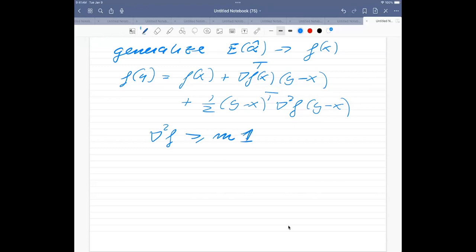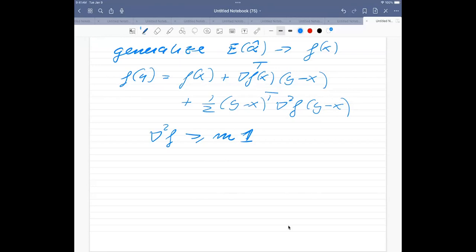If you have the standard m equals 0 case, that is what you normally have for a convex function, so that the second derivative is larger or equal than 0. This is one of the basic assumptions we are making about the function.